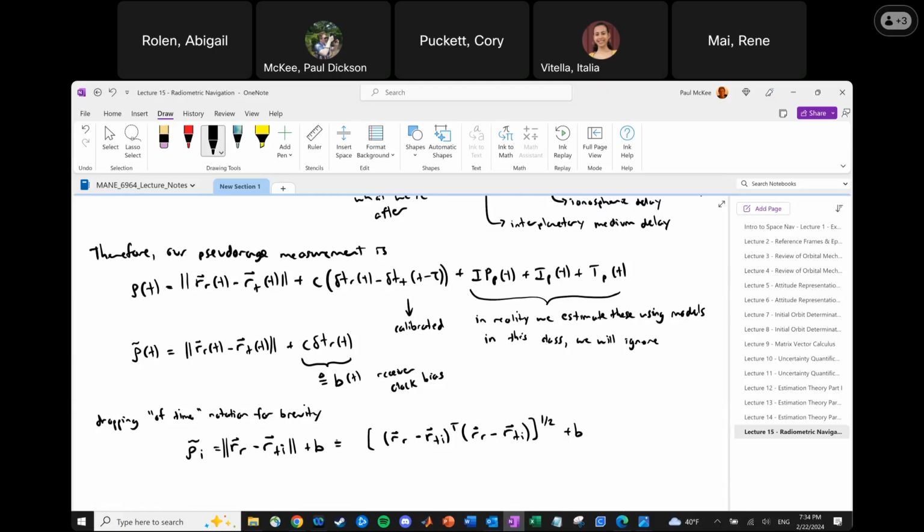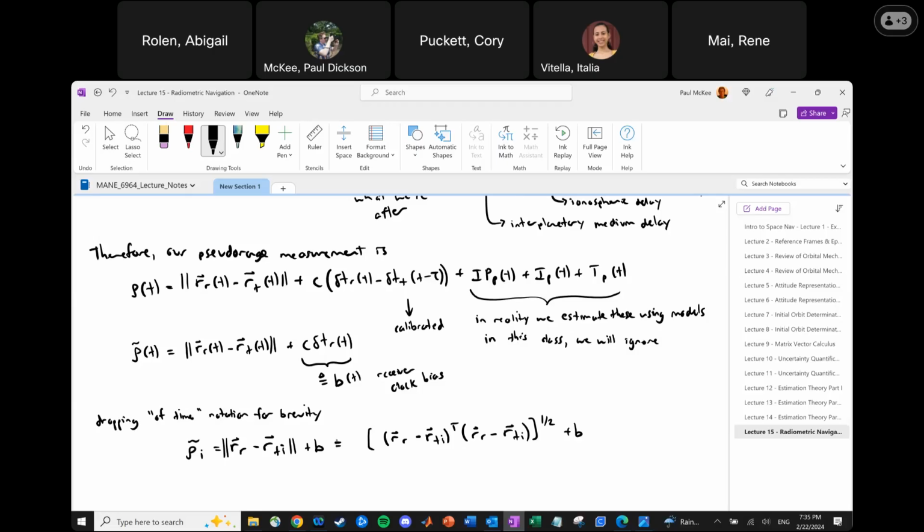So the question is, if we have something like this, where we've got our measurement or pseudo range measurement coming in from the spacecraft, which comes from the speed of light and the change of time, that is then equal to this plus our clock bias. And we're trying to take that and turn that into a linear system of equations that we can solve in the least square sense to estimate your position, essentially.